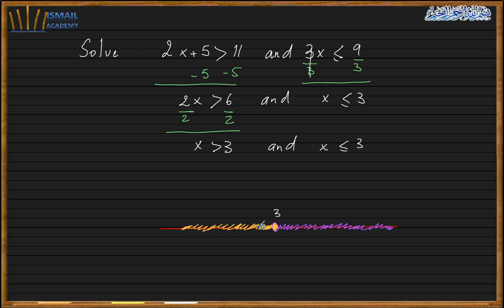So it's included on one side, but not on the other side. In order for me to assume 3 is a solution, it must be included in both sides. That means I should have a full circle here with that color. So I don't have a full circle. That means this is the case when we have no solution.